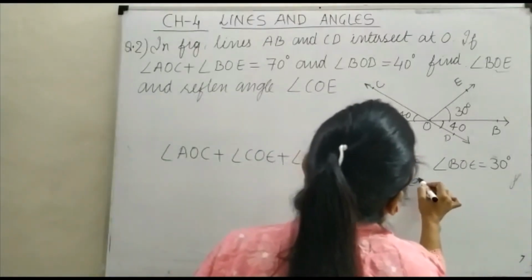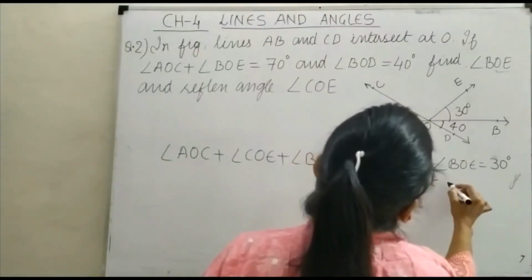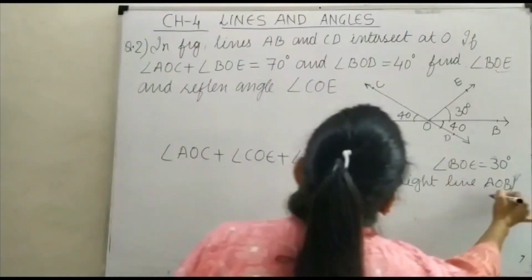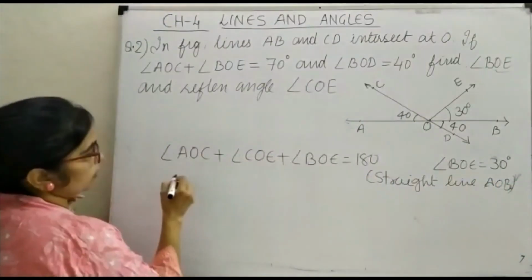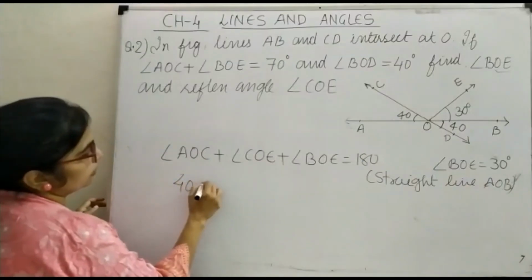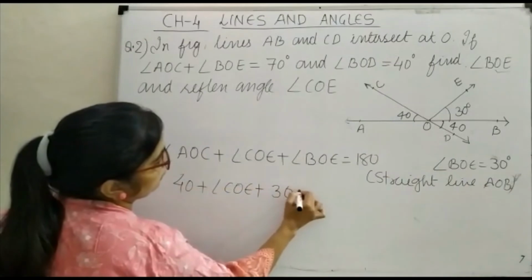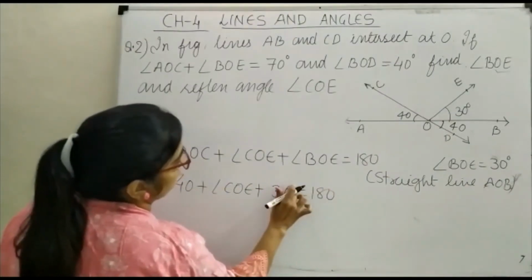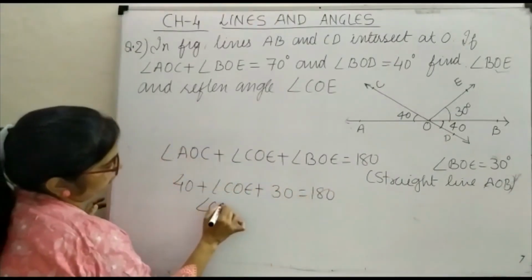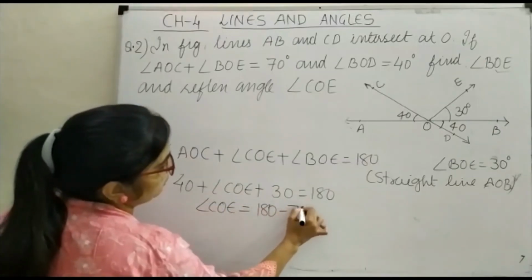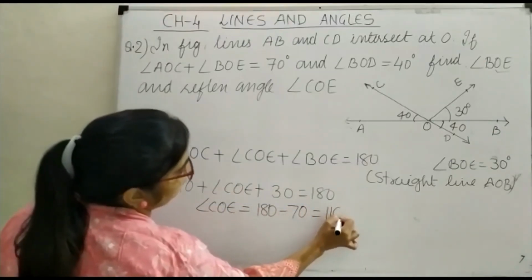It's given that AOB is a straight line. Right? Now AOC की वैल्यू आपको मालूम है 40 plus angle COE plus 30 is equal to 180. Now from here angle COE is equal to 180 minus 70, that is 110.